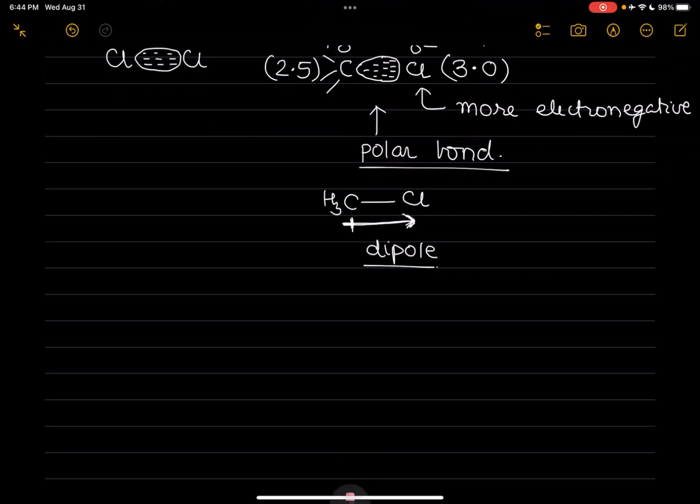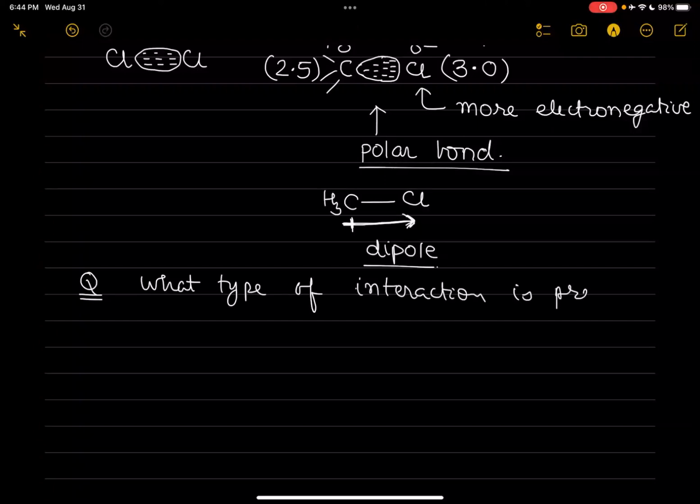What type of interaction is present between them? What kind of interaction will they be having?